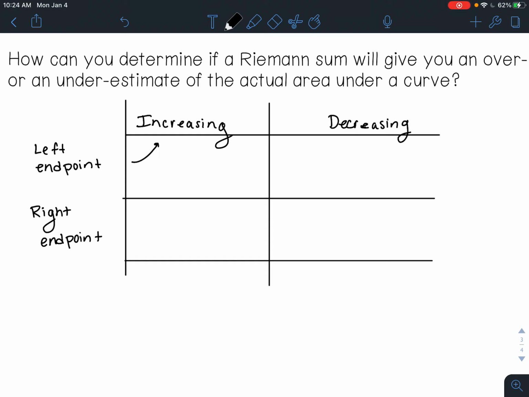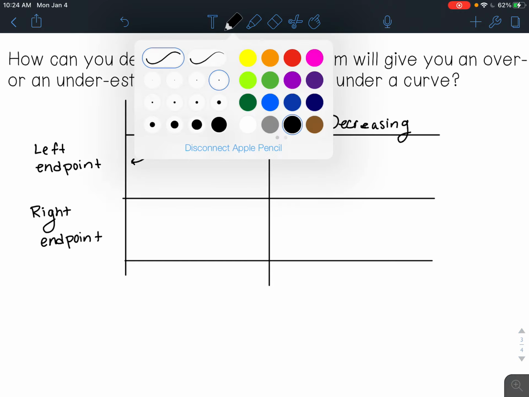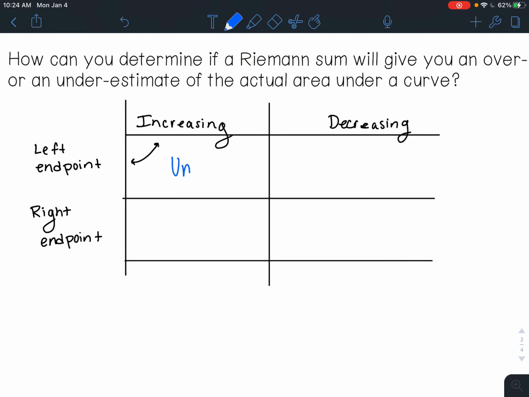If we're looking at a left endpoint and the function is increasing, say we have a sample curve that looks like this, it doesn't really matter, the left endpoint is always going to be lower than the next endpoint. So if you're using the left endpoint, the rectangles are going to fall under the curve, so you're going to get an underestimate.